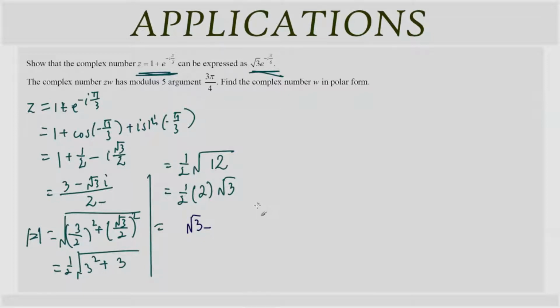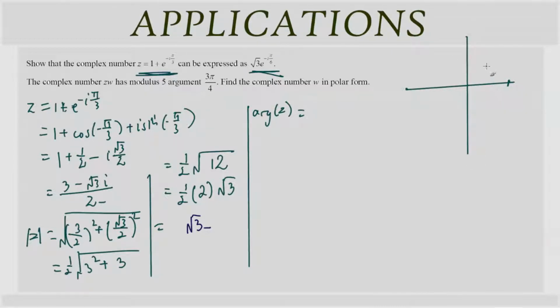Now moving on, we have the argument of z is equal to the argument of, okay, now we need to use an Argand diagram here, which makes things really easy. So we have 3 over 2 over here, and we have negative root 3 over 2 over here. So the ratio of the rise over the run is equal to root 3 over 3.